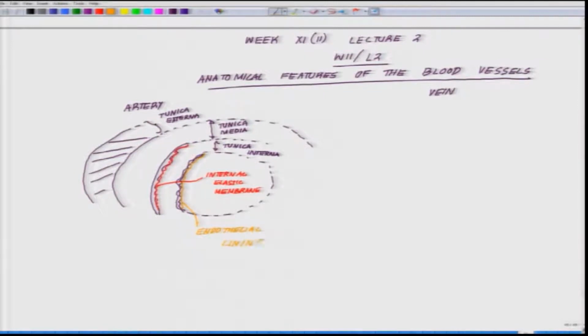And the external elastic membrane is sitting here. If the internal elastic membrane is sitting here, your external elastic membrane is sitting out here.